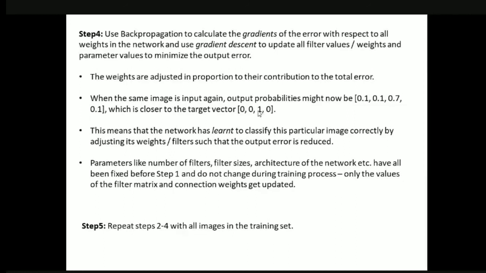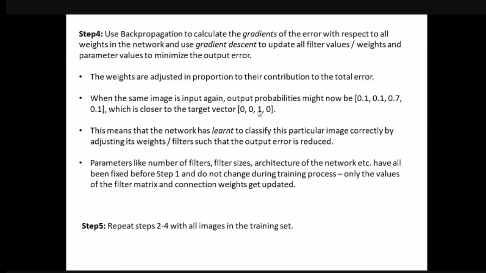What does this mean? It means the network is now learning to classify our given input image correctly by adjusting its weights and the filter values. Finally, it will adjust all the parameters like the number of filters, the size of the filter, the architecture of the network, how many neurons there should be in the fully connected layer, and so on.